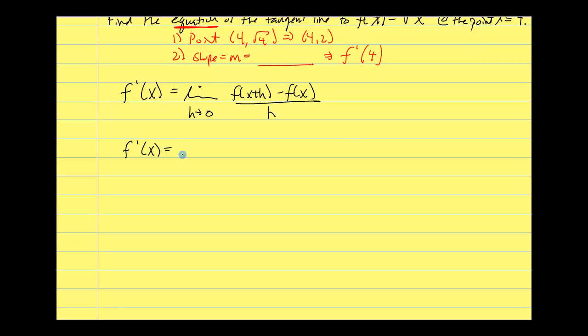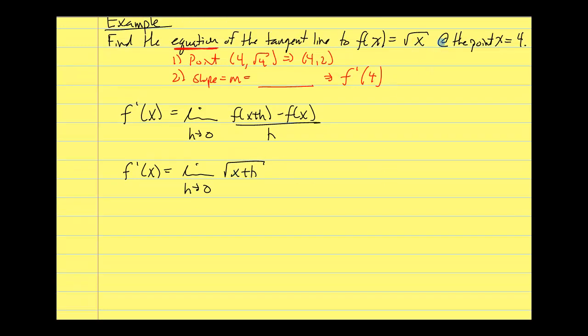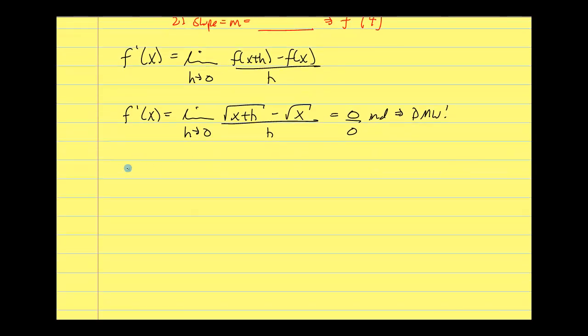F prime of x is equal to the limit as h approaches 0 of f of x plus h. The entire x plus h must appear under the radical because my function x appears under the radical, minus f of x all over h. Now if you take a limit right now, you'd get 0 over 0, which is indeterminate. Indeterminate means to do more work. Well, let's talk about the more work that we can do here.